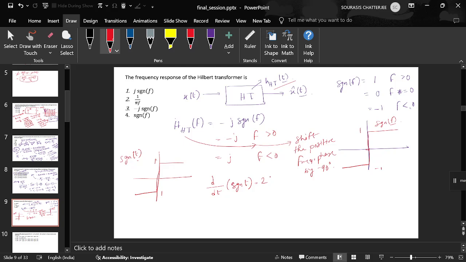So you can intuitively see it's a Dirac delta here. At t equal to 0 it has a non-zero gradient, and for non-zero t it's just 0 because the function is flat itself. So you can see the Fourier transform of the derivative of sign t is 2 only.